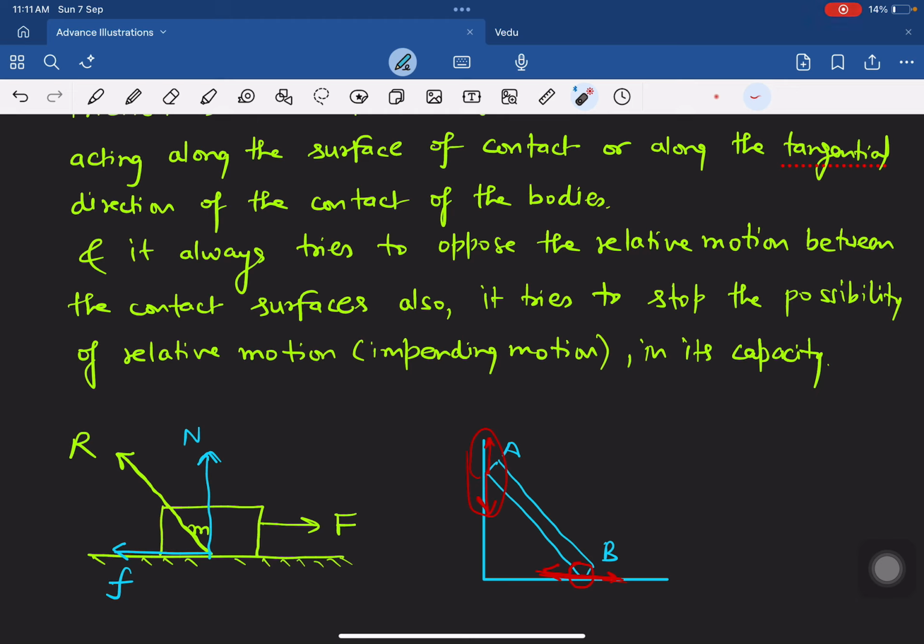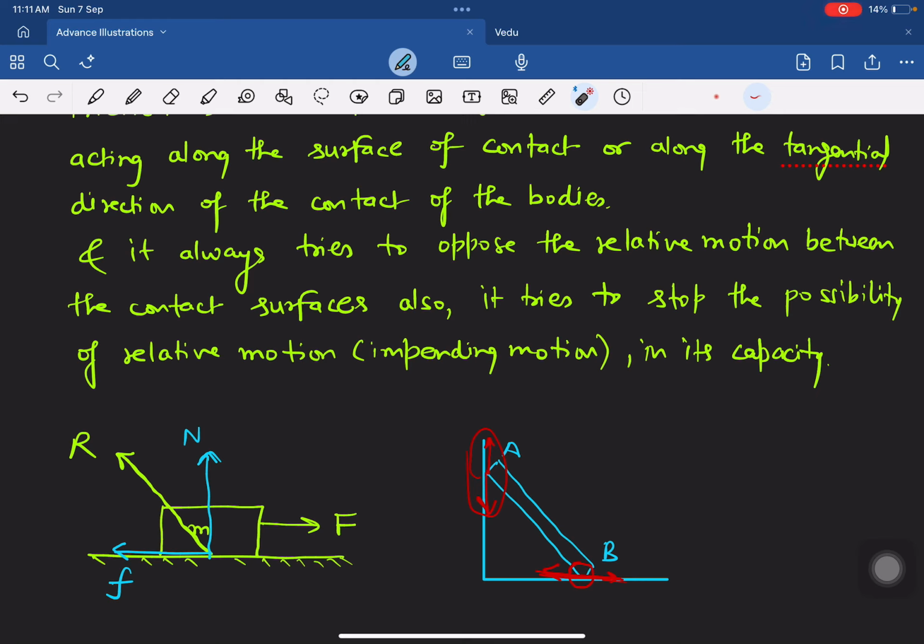So whatever its capacity is, it will always try to stop that motion if it is within its capacity. If it is not within its capacity, then the relative motion will start, and friction will act up to a certain capacity, and then motion will happen. But up to its capacity, it will try to stop that impending motion. I hope you are able to understand that.